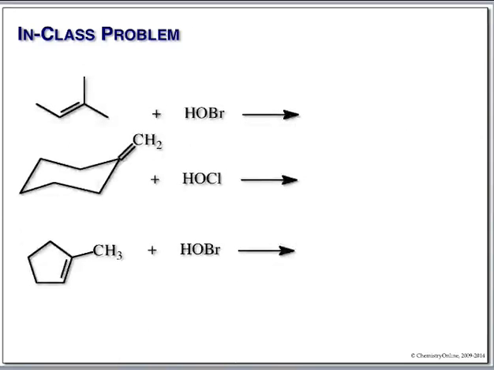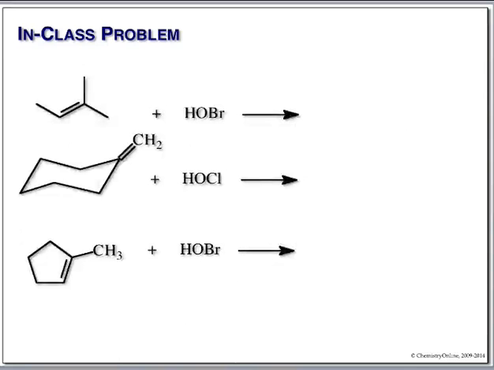All right, so this is what it looks like on the exam. Step one, you look and you say, I'm adding HOBr or HOCl. You're going to put hydroxyl group on one carbon, bromine on another. The hydroxyl group will go to the carbon that would give the most stable carbocation. In our first one, we have a secondary and a tertiary.